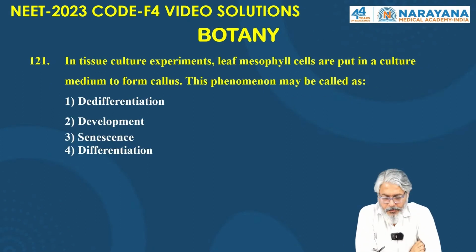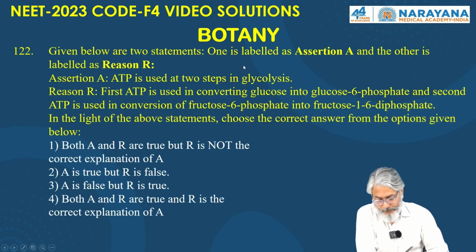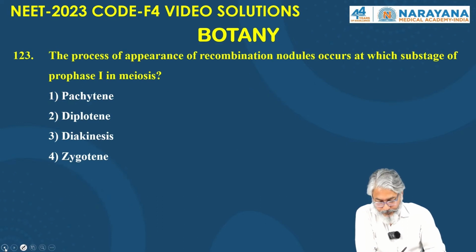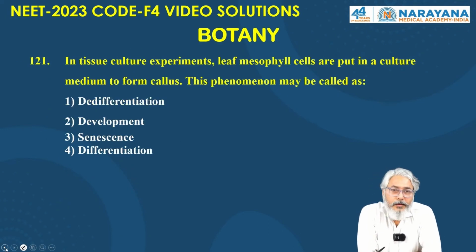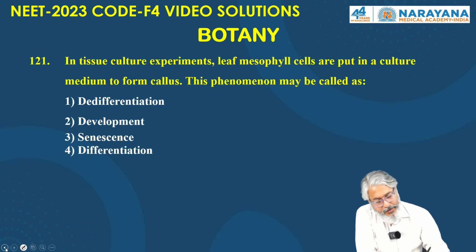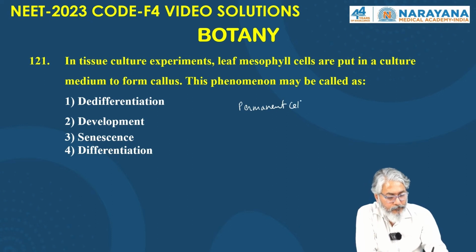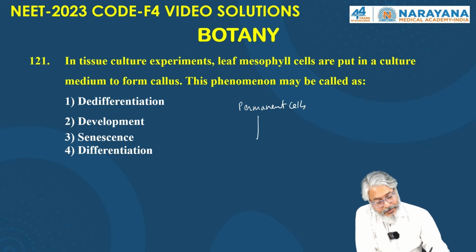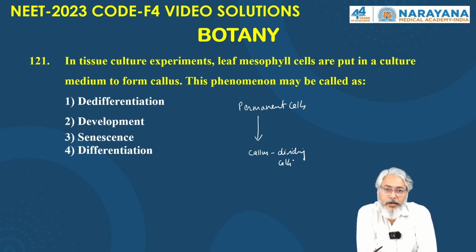That is one, sorry. In 121st, the tissue culture experiment, leaf mesophyll cells. These mesophyll cells are parenchyma cells. Parenchyma means permanent cells, right? And permanent cells are put in a culture medium to form callus, and callus is dividing cells, right?